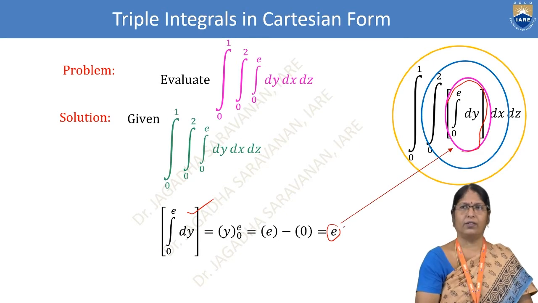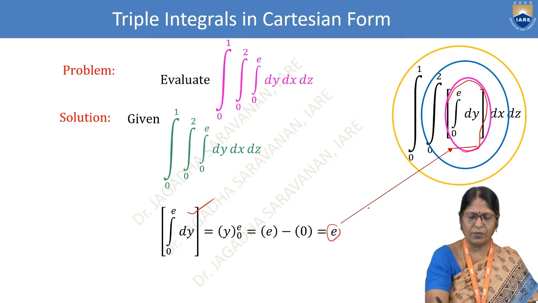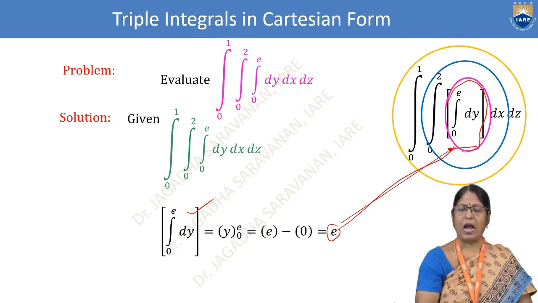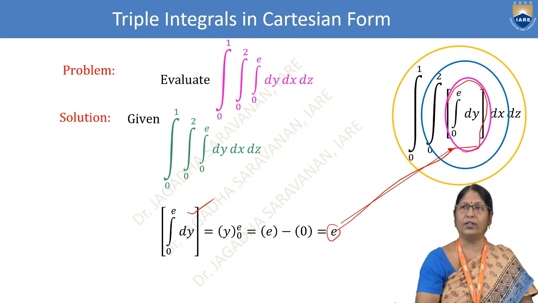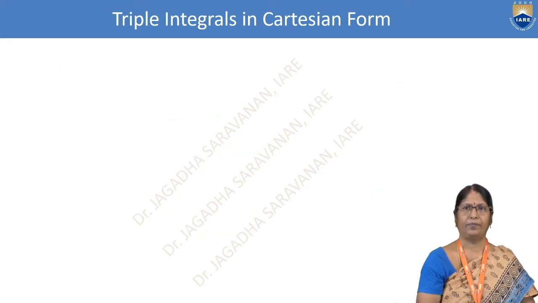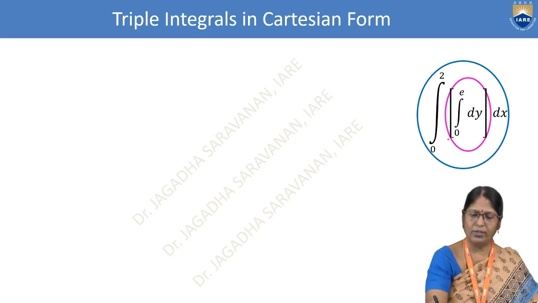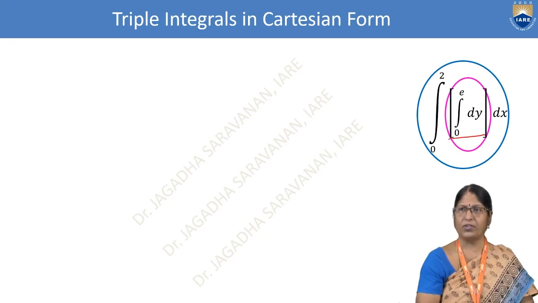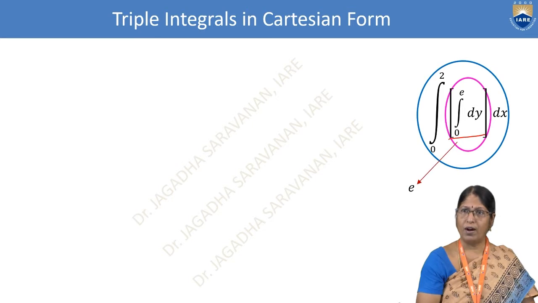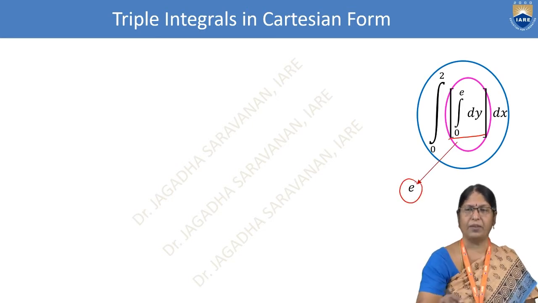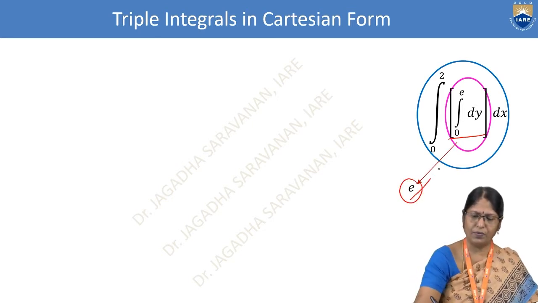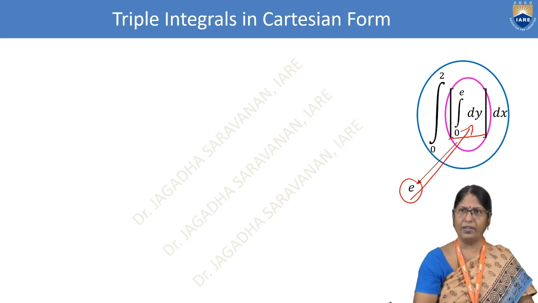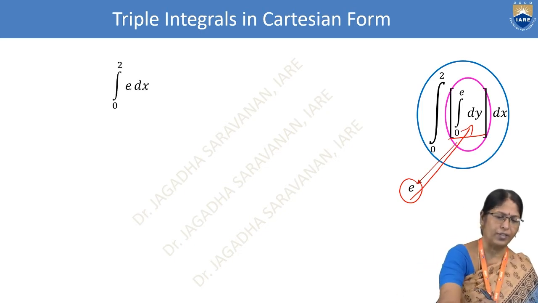Our next job is, in this place we are going to substitute this value, and we will be focusing on the middle integration. So this we completed just now. The answer we got is e. That we will substitute in this place. We substituted.